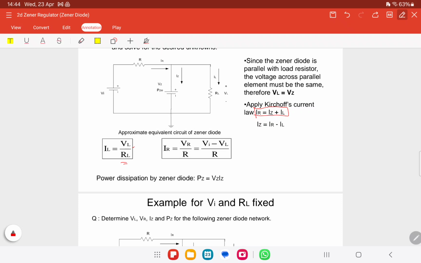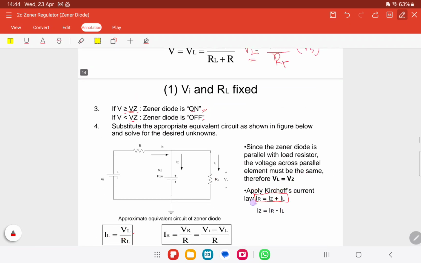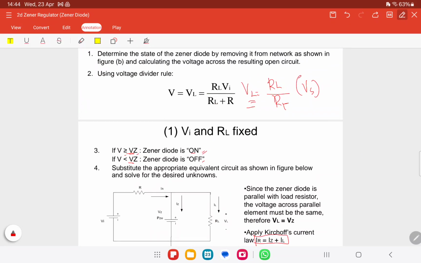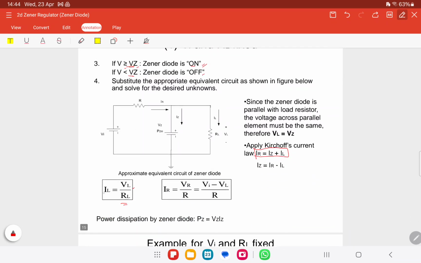We use the value of VL yang kita dapat tadi from this voltage divider. Once we dapat VL, from the voltage divider we can get the IL. Once you dapat the IL, we can get the IR.